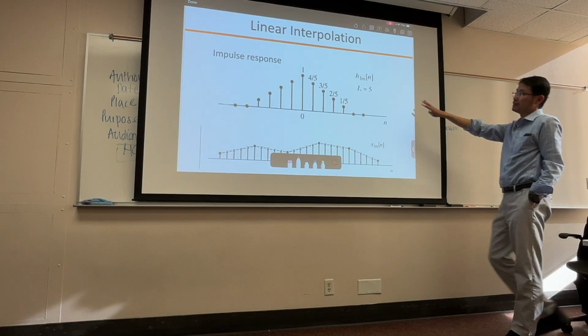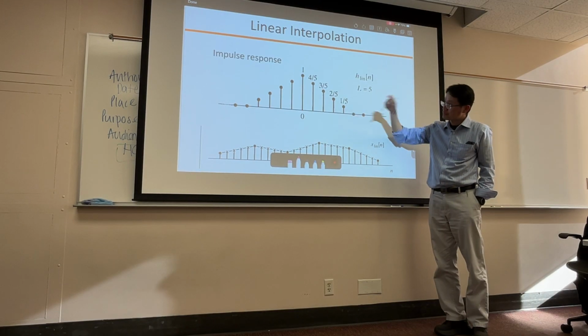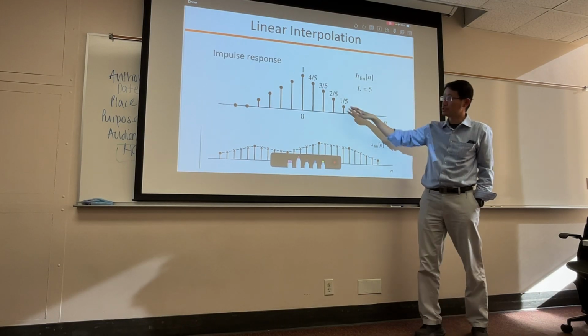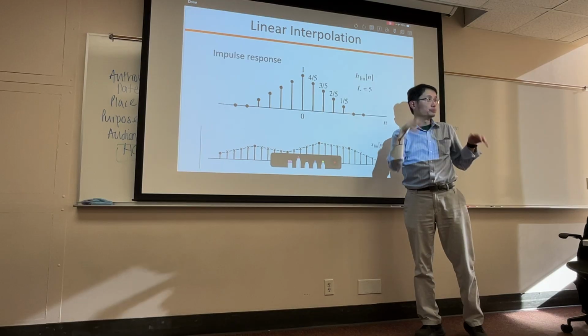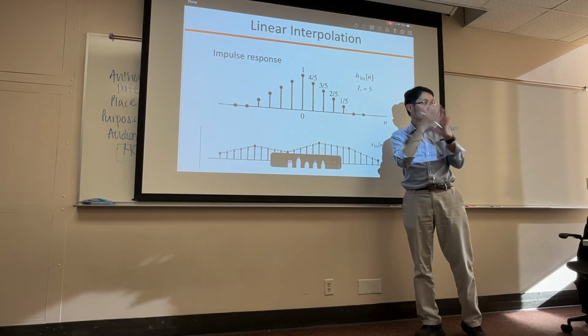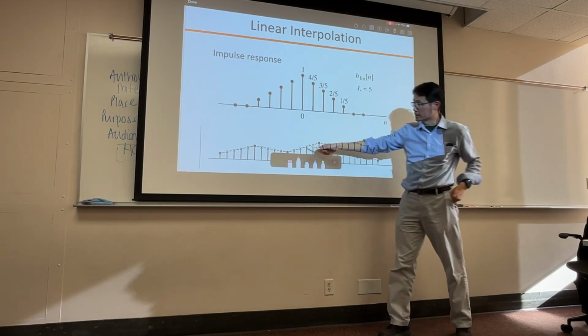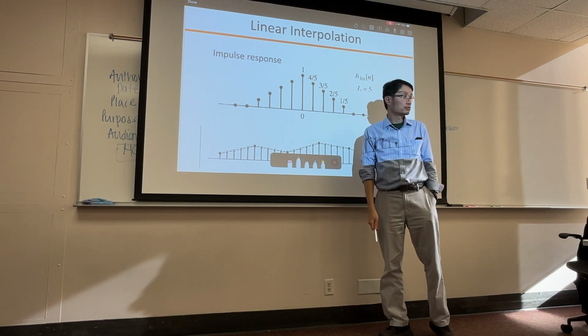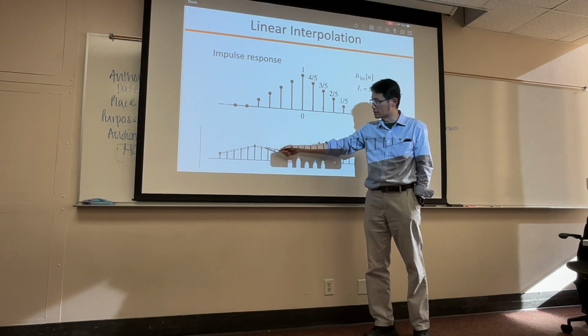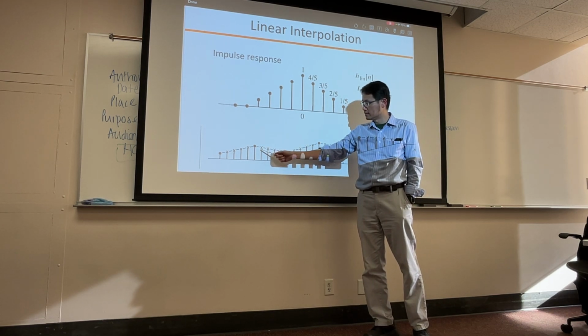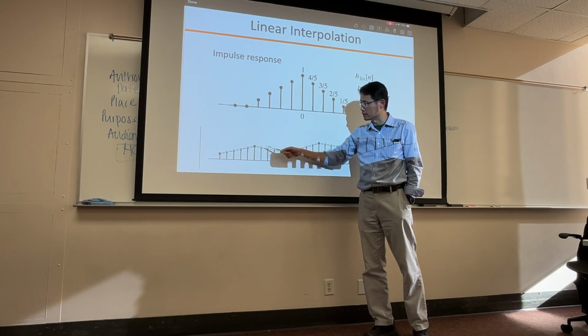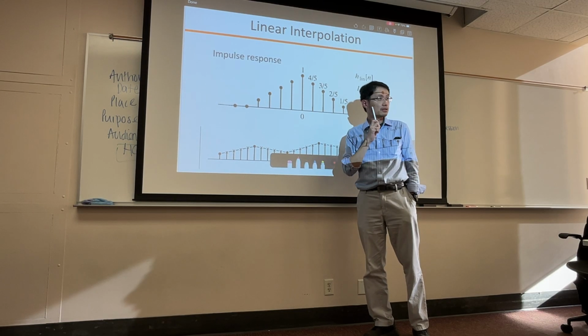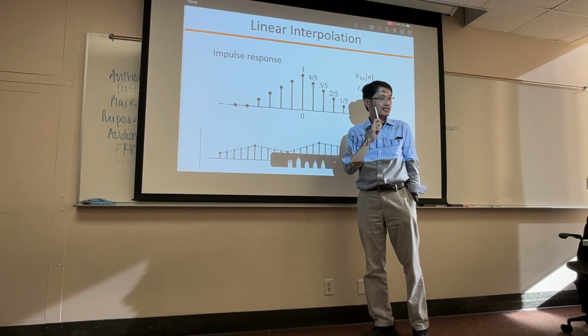This is upsample by 5, and if you want to do linear interpolation, you should come up with this triangle impulse response. If you do that, you get linear interpolation between the two samples. So you take 1/5 of this and 4/5 of this, and so on.